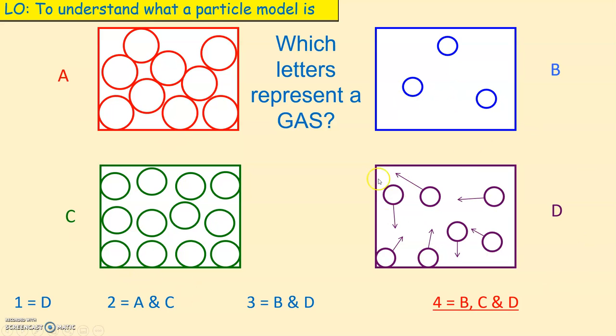And D, there's more space for the particles to move around. Like I said, look at this arrow. It shows the movement of the particle, and you can see it's bouncing. This particular one, as you can see, it's almost hitting that. It's almost colliding with the other particle, and energy is released. So in terms of gas, the particles have got more space. More surface area, more space to move around and to collide, if that makes sense.